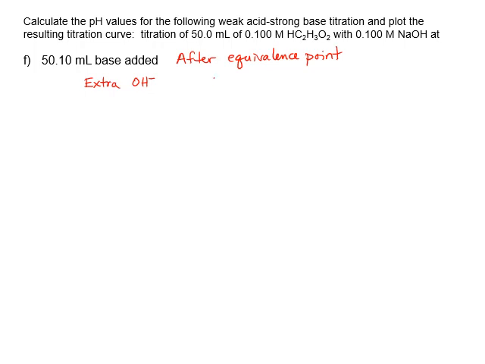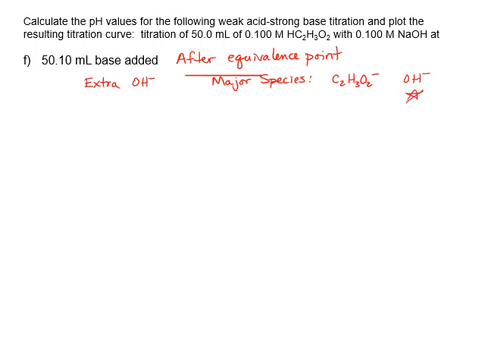So what are our major species? All of the acetic acid is gone. It's been converted to acetate. And we have a little bit of hydroxide left. Both of these species are bases, so they won't react with each other. But which is going to be the major contributor to our pH? Is it going to be the weak base or the strong base?